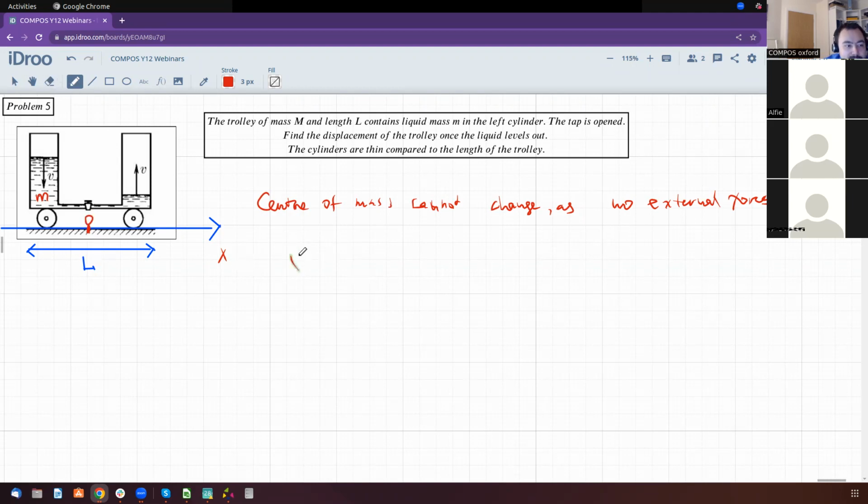So X center of mass is equal to the mass of the trolley multiplied by the position of the trolley, which is 0, plus the mass of the liquid, which is small m, multiplied by the position of the liquid, and in this case it is minus L over 2. Yeah, so the liquid is at minus L over 2. That's the position of the liquid, divided by M plus m. So this is before, and then after.